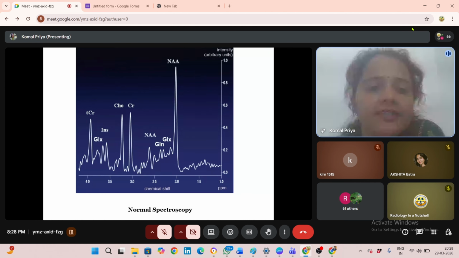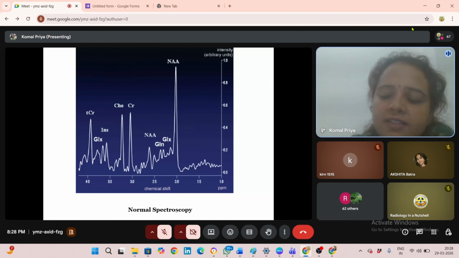LAC is your lactate. CHO is your choline. CR is your creatinine. Lipids is LIP. INS is your myoinositol, and GLX is your glutamine-glutamate. So this graph shows your chemical shift, and how the molecules show different intensity at different times.